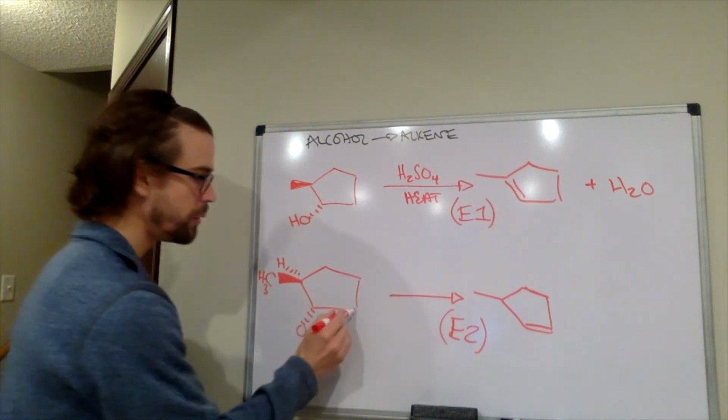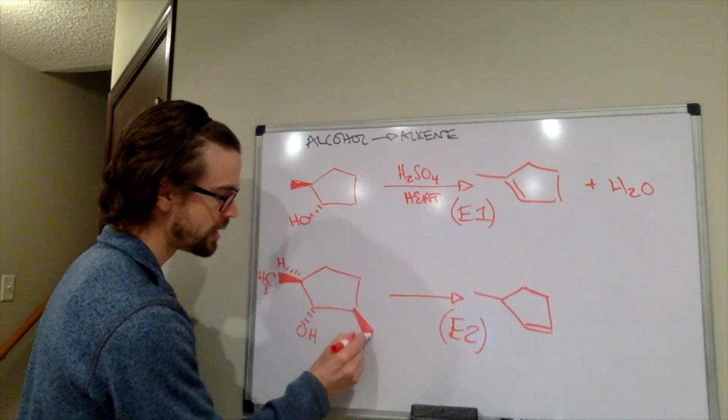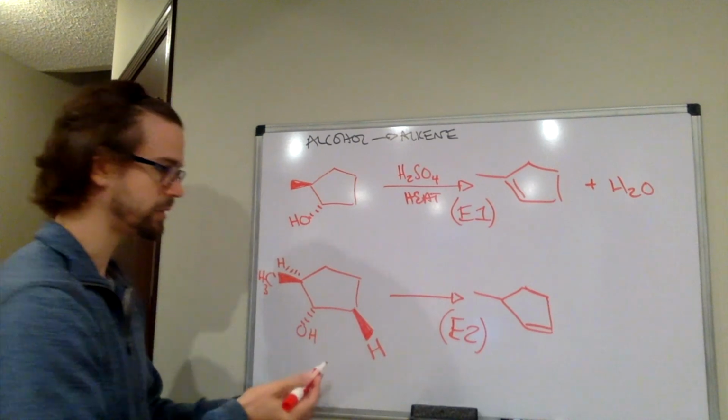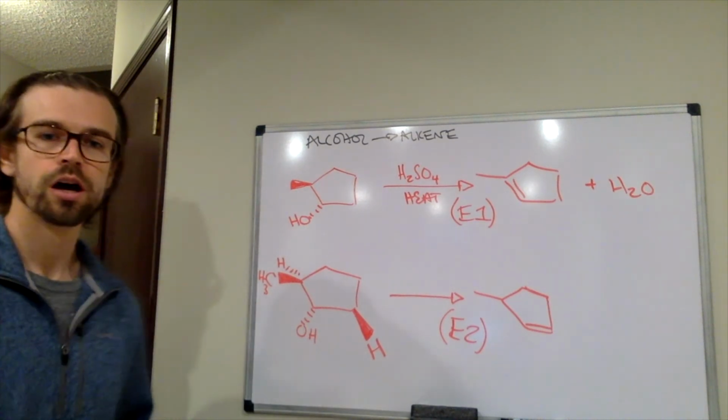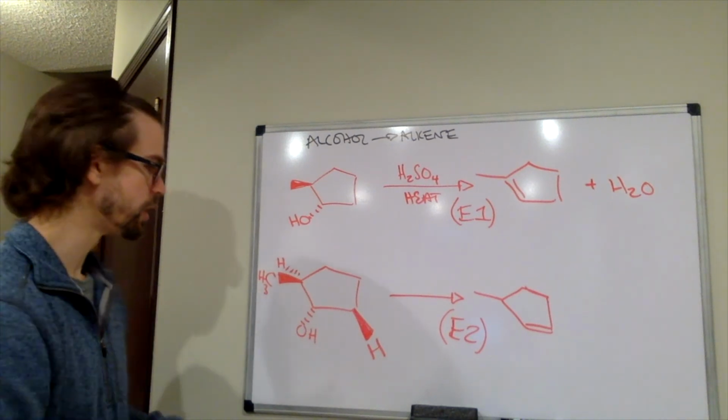So we would have to remove a hydrogen in an E2 reaction that is on the opposite face, so that would look like a wedge on this flat cyclopentane structure.